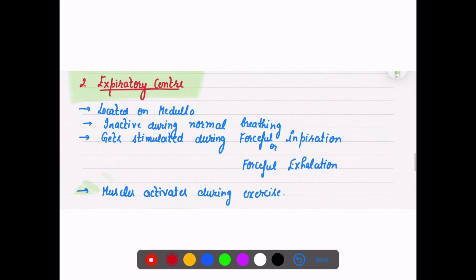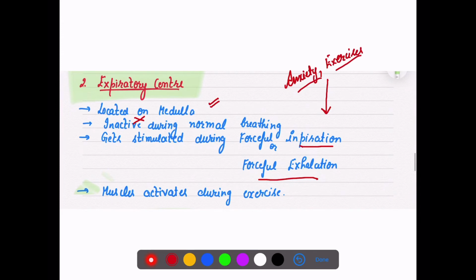The expiratory center is also located on the medulla, and usually in normal conditions, when you are breathing normally, it is inactive. It only gets stimulated when you have to do forceful inspiration or forceful exhalation, and usually we use this in situations especially when we are in anxiety, or sometimes when we are doing very harsh exercise.